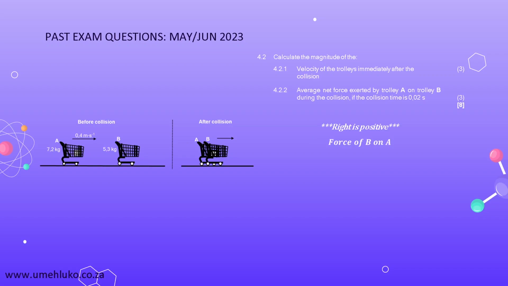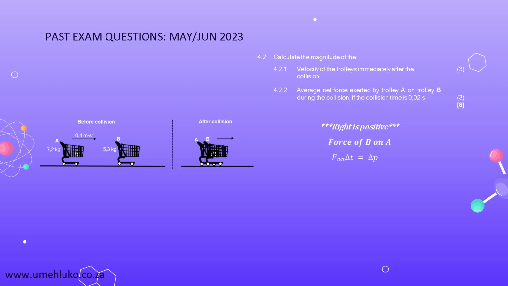We are going to use the formula that specifies that F, the force of B on A, is given by F net delta T, the product of the force and the time. It should be equal to the change in momentum. Do not forget to choose the direction.